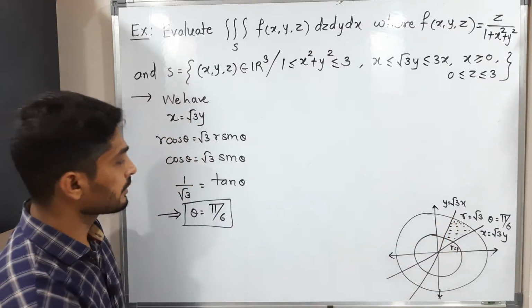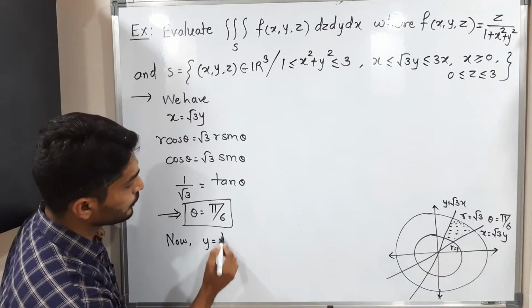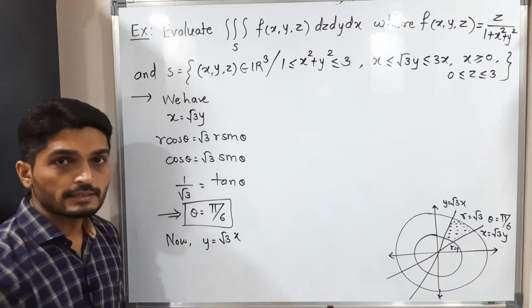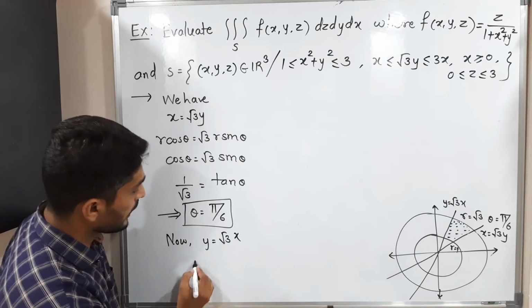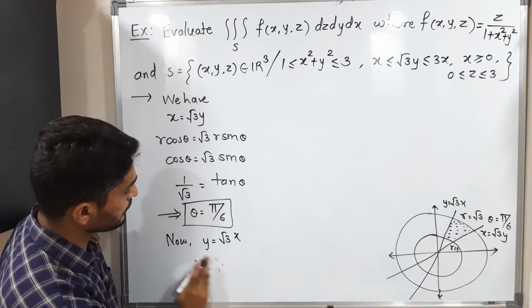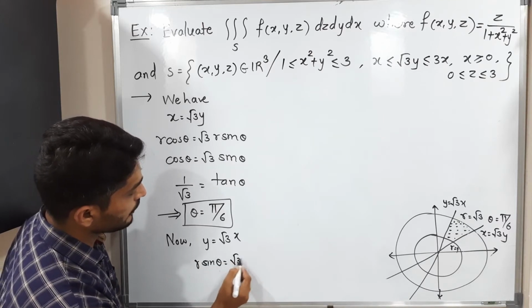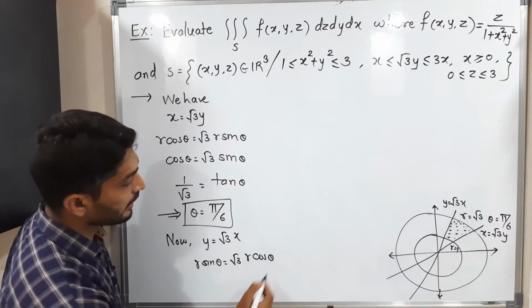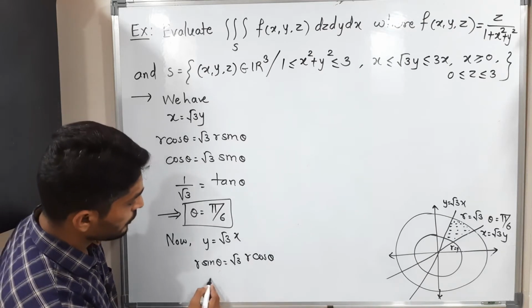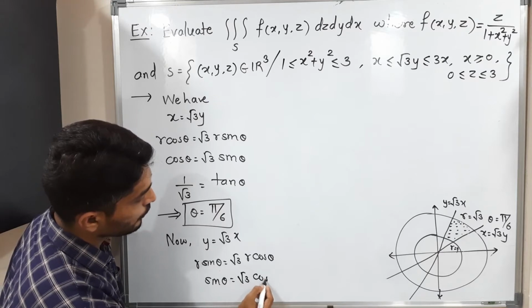After that, we are going to find equation of this line in cylindrical polar coordinates. y is equal to root 3 x. So repeat the same procedure. y is equal to r sin theta, x is r cos theta. Root 3 x is equal to r cos theta type expression: r sin theta is equal to root 3 r cos theta. r will get cancelled. So sin theta is equal to root 3 cos theta.